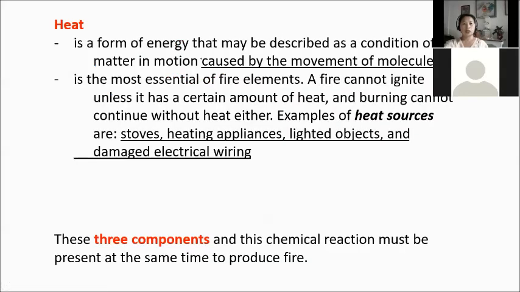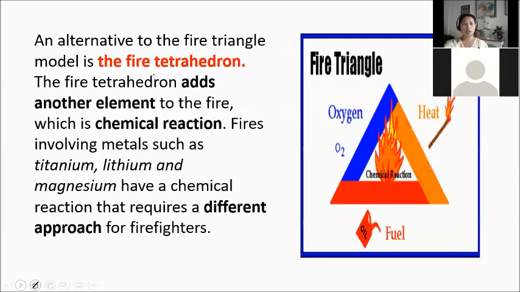Heat is a form of energy, so may be described as a condition of matter in motion caused by movement of molecules. So yung mga heat sources are stove, heating appliances, lighted objects, and damage of electrical wirings. So the three components must be present at the same time to produce a fire. So an alternative to the fire triangle model is the fire tetrahedron, meaning tetra meaning 4. So, nadagdagan niya ng chemical reaction.